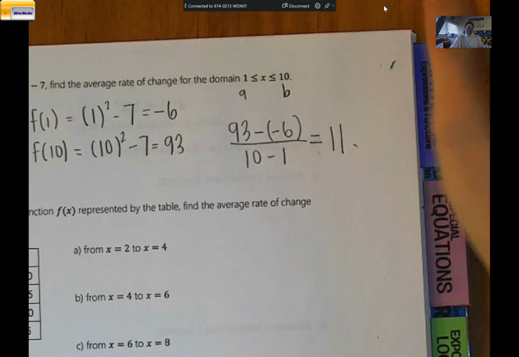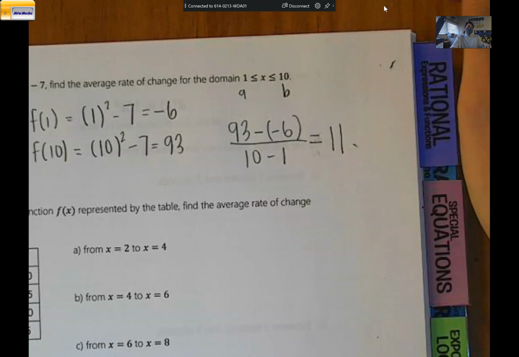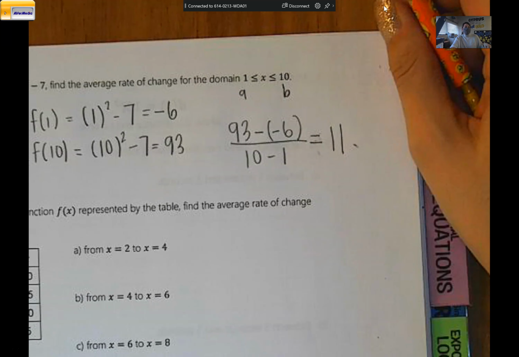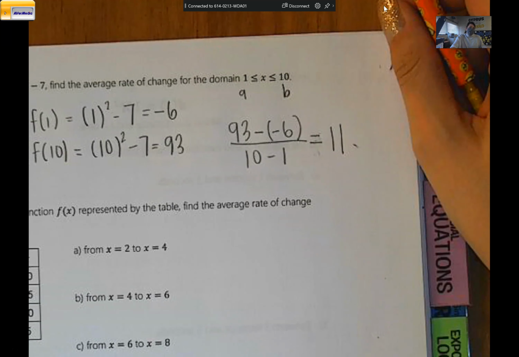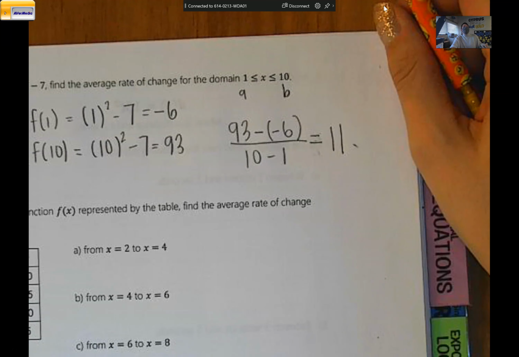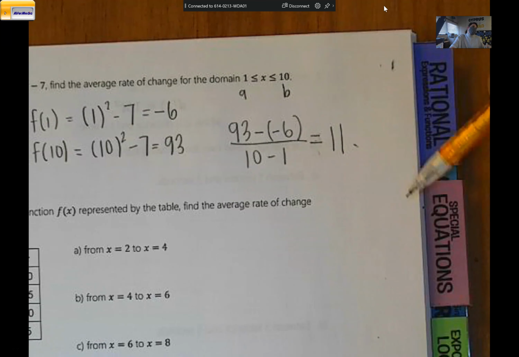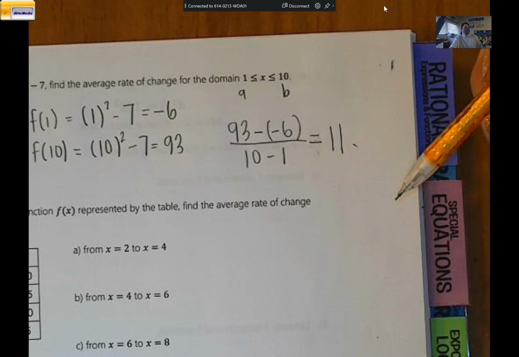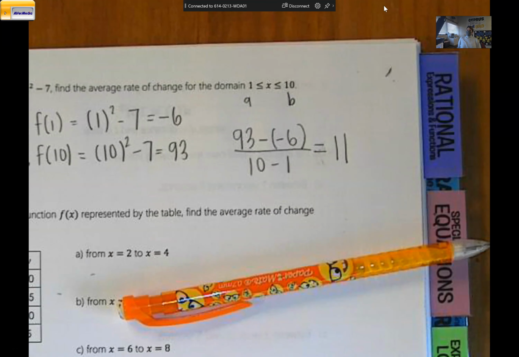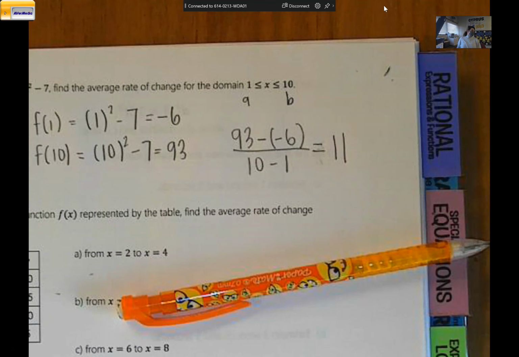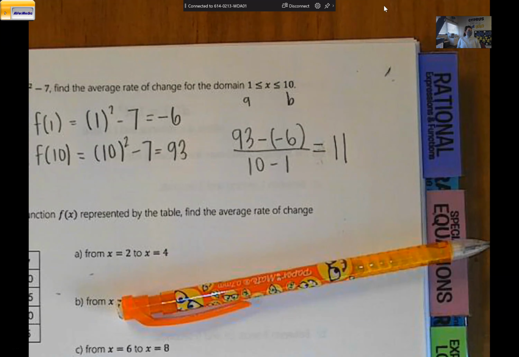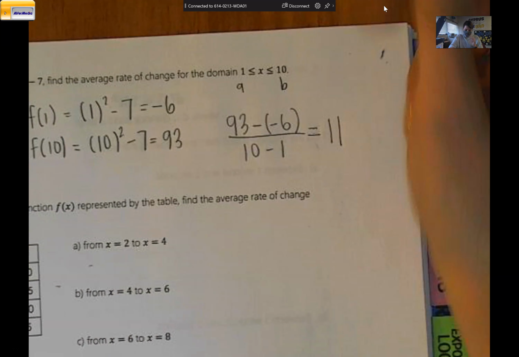Last year I was teaching this during distance learning, and one of my students emailed me and said, not to criticize your teaching or anything, but you can turn 2 negatives into a positive, just in case you didn't know. Son, really? Really?